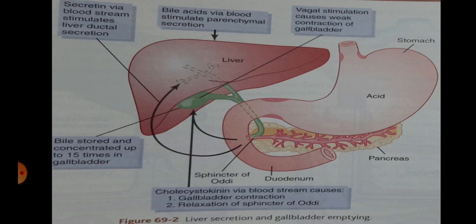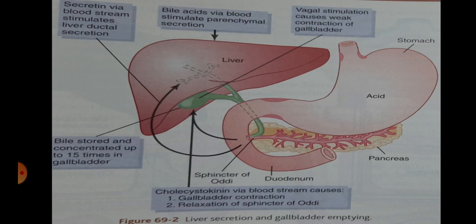The stimulus for the entry of cholecystokinin into the blood from the duodenal mucosa is mainly the presence of fatty foods in the duodenum.